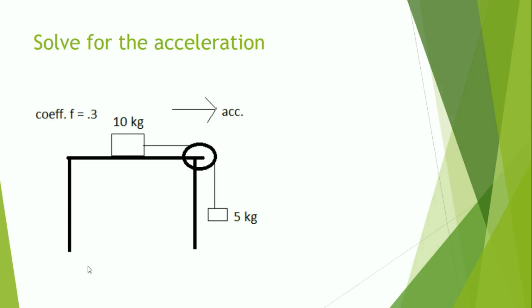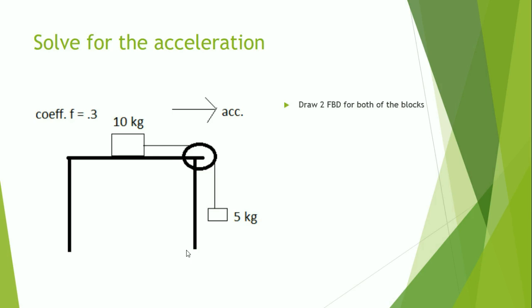Okay, so let's solve a second problem, and this problem's a little bit more involved because I put in a string and a pulley, and we have two masses. I went ahead and gave you the whole scenario.